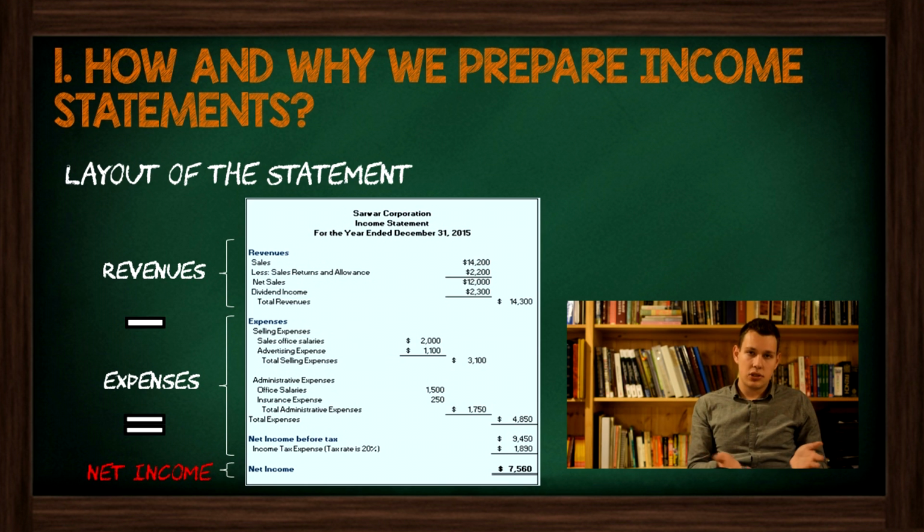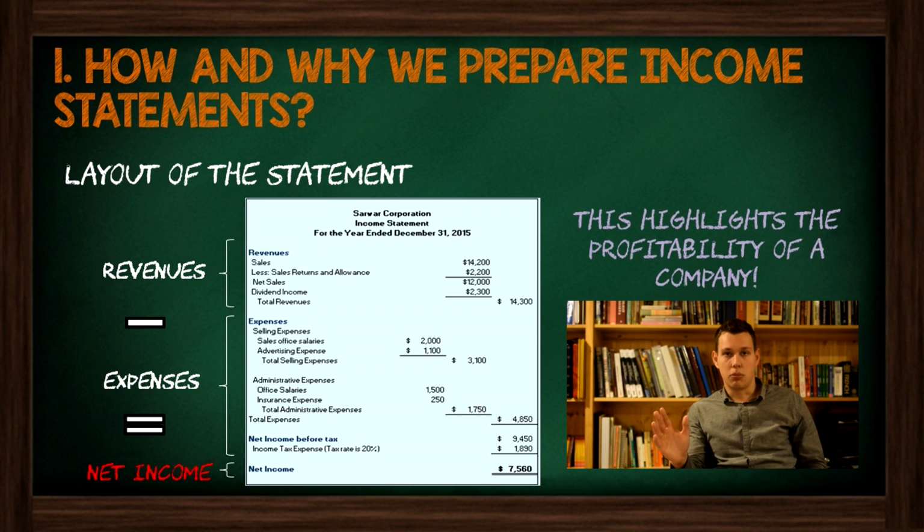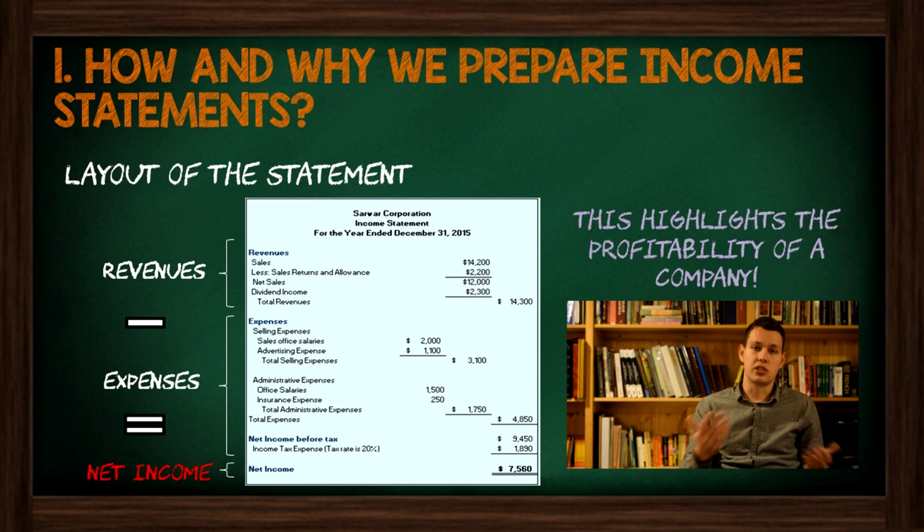Companies do this because they want to show the profitability of the company. All these statements that we prepare, like the balance sheet and so on, are for shareholders. We want other people from the outside to look at these statements and say, you know what? This is an awesome company. I think I'm going to give them my money and invest in them because they can do some great things.